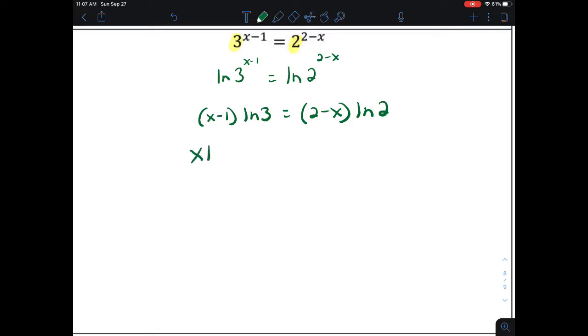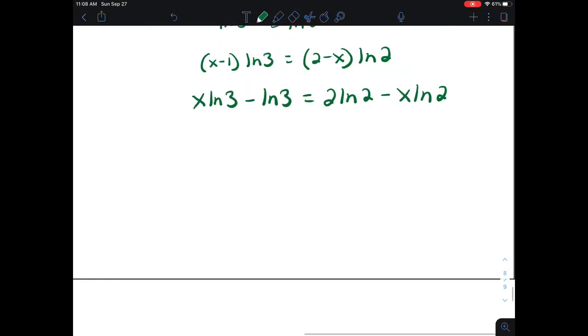So I'd have x times the ln of 3 minus the ln of 3 is equal to 2 times the ln of 2 minus x times the ln of 2. Now we'll get our x's on the same side. So we'd have x ln of 3 plus x times ln of 2 equals, I'm going to move the ln of 3 to the right-hand side, so it'd be 2 ln of 2 plus the ln of 3.